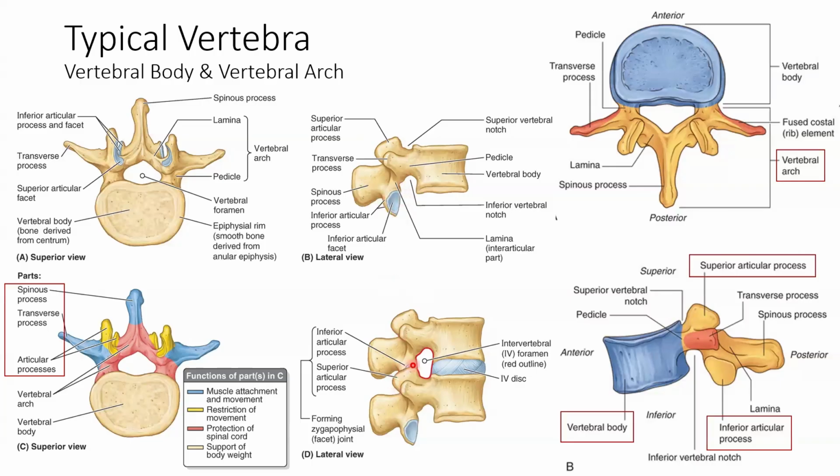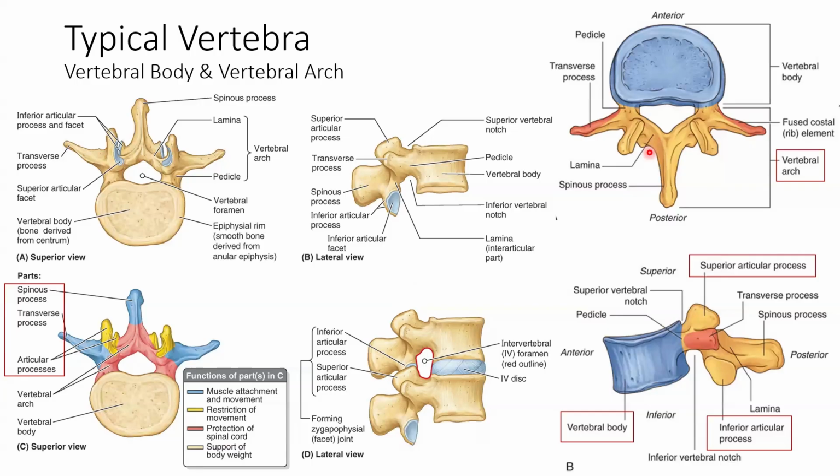The superior articular process of this vertebra is articulating with the inferior articular process of this vertebra. And this is on one side. You have that same articulation happening on the other side, and that would happen in adjacent vertebrae up and down the vertebral column. Okay, so superior and inferior articular processes, a set of those on the right and a set of those on the left off of the vertebral arch.